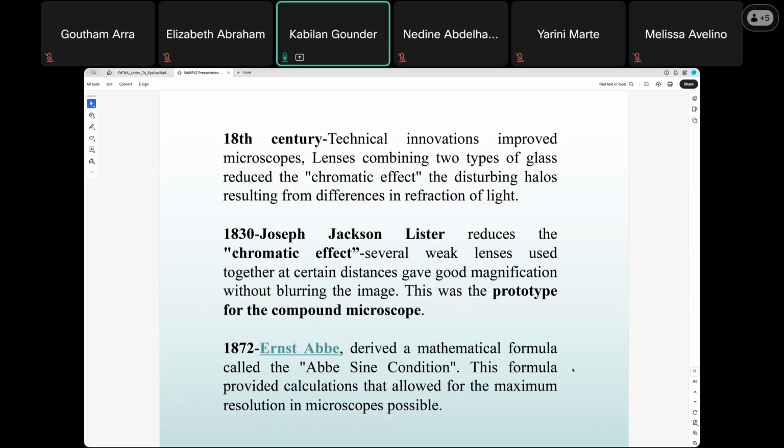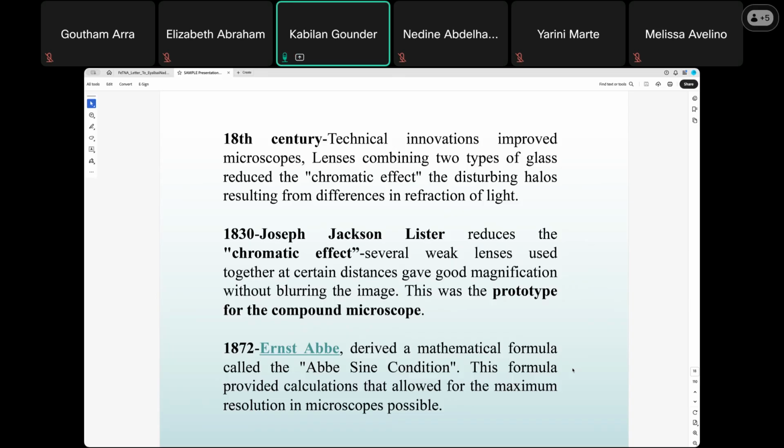They placed different lenses at a particular distance from each other, so that they get detailed, very clear images, and that reduces the blurring of the image. So this was the prototype for the compound microscope. That is more than one lens utilized in the microscope. We call it a compound microscope.